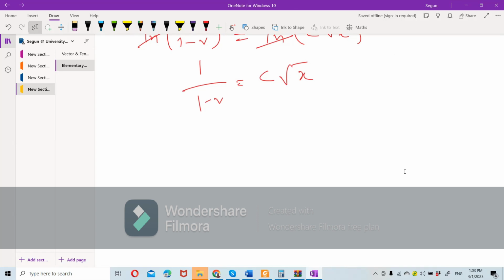Check your notes if you are there with us. From the beginning of this question, I said let v equals to what? I'm waiting.